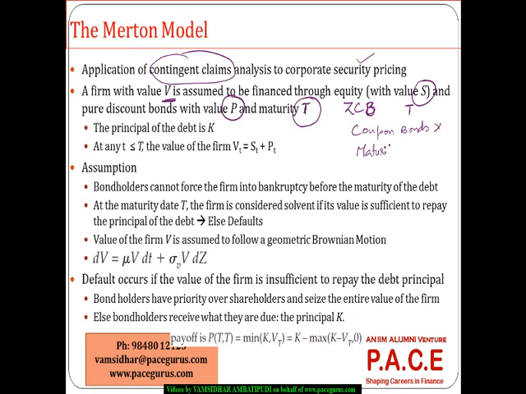So I am not taking coupon bonds here, or bonds of different maturities here. That becomes the limitation of the Merton model. When we talk about the limitations, we'll bring all of these things in.